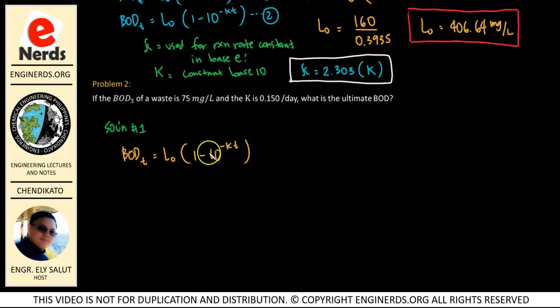And as you can see, base 10 ang ginamit natin, ano? So, our T is equal to 3. Diba? Dahil 3 days lang, BOD3 ang meron tayo dito, no? And then, BOD3 is equal to 75 milligrams per liter. Of course, our capital K is equal to 0.150 per day.